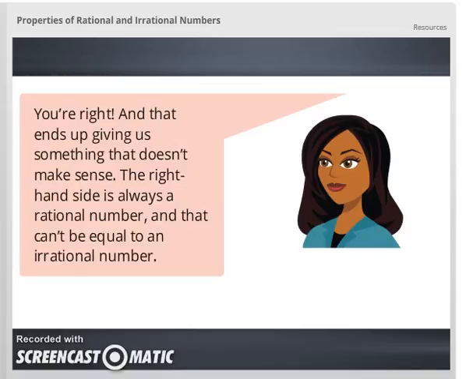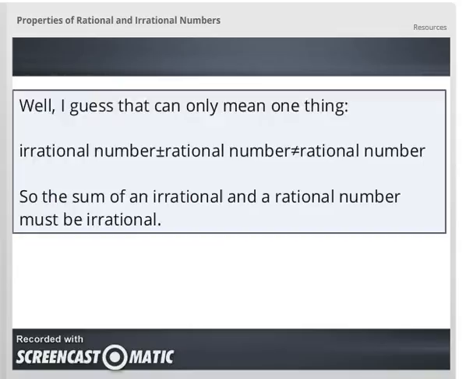The right-hand side is always rational, and that can't be equal to an irrational number. Well, I guess that can only mean one thing. Irrational numbers plus rational numbers cannot be rational numbers. So, the sum of an irrational number and a rational number must be irrational.